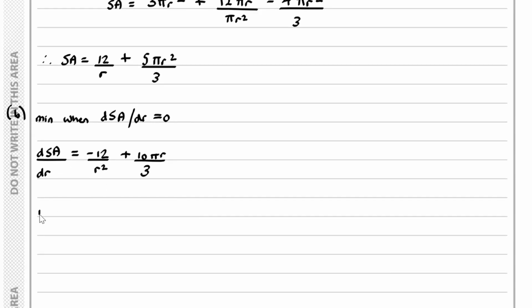So in other words, we have minus 12 over r squared plus 10 pi r over 3 equals 0. And if we multiply through by r squared, we have minus 12 plus 10 pi r cubed over 3.